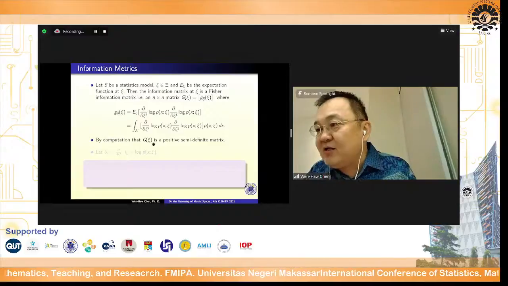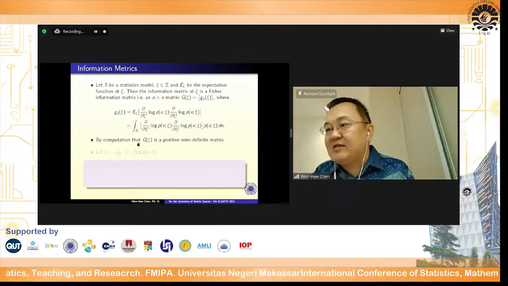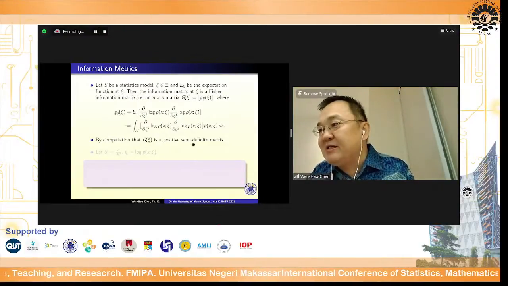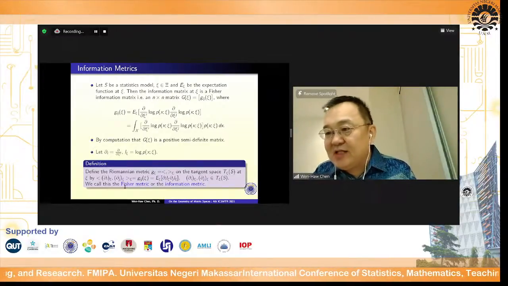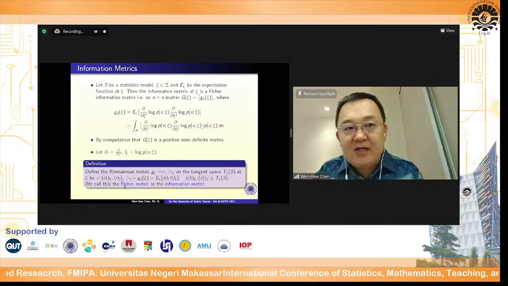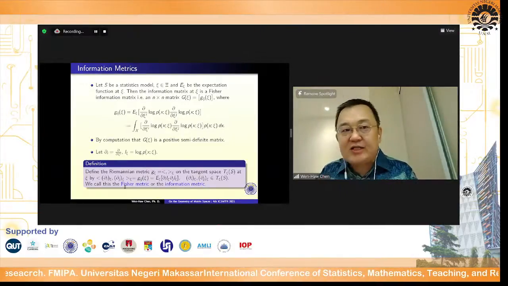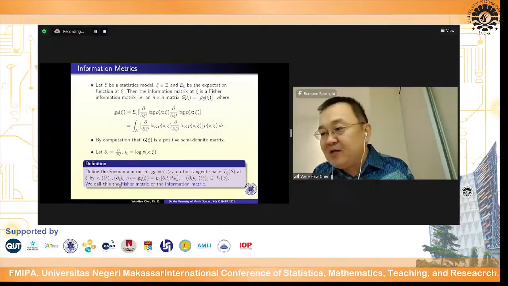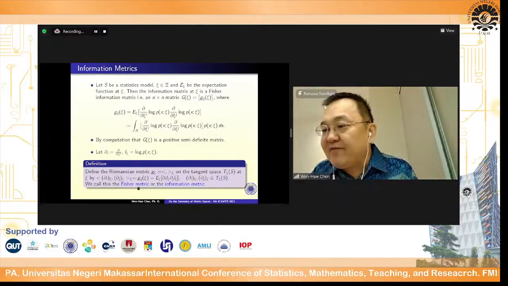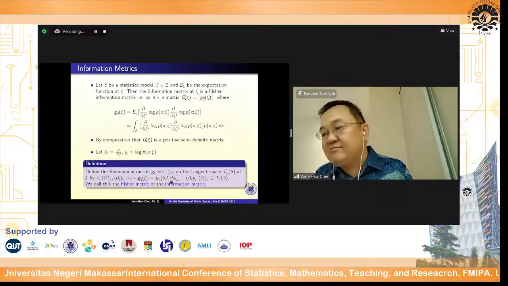By computation, this matrix is a positive semi-definite matrix, so we can use it to equip a Riemannian metric on the manifold, which is the statistical model.